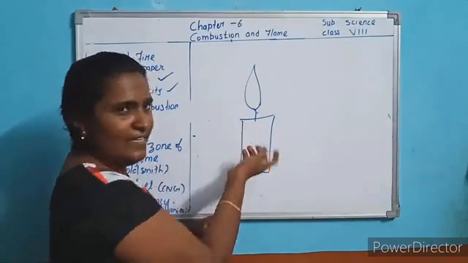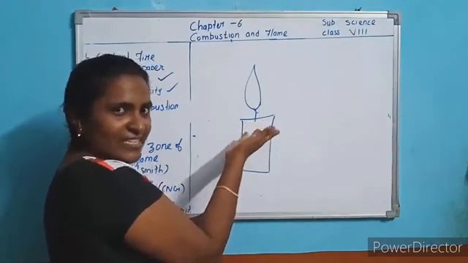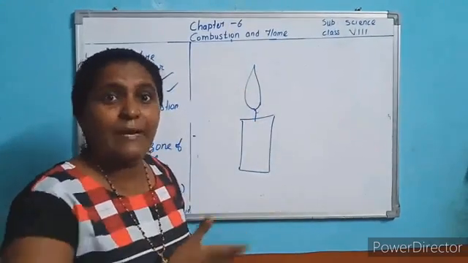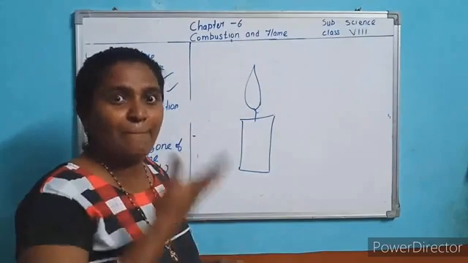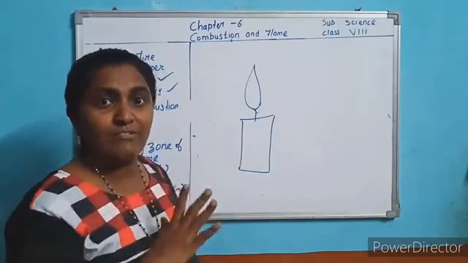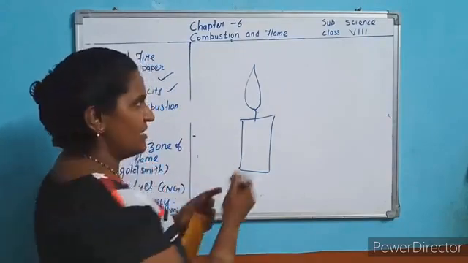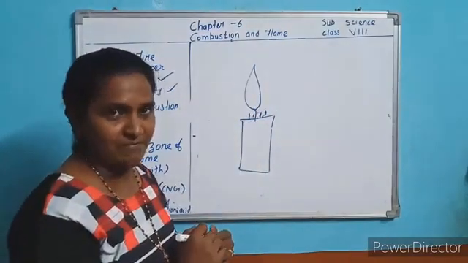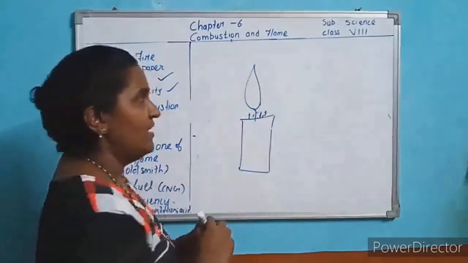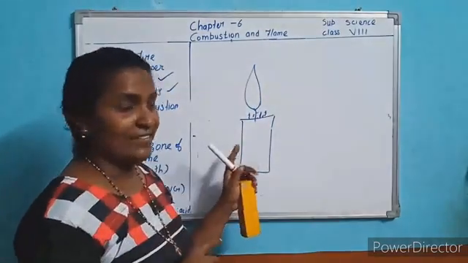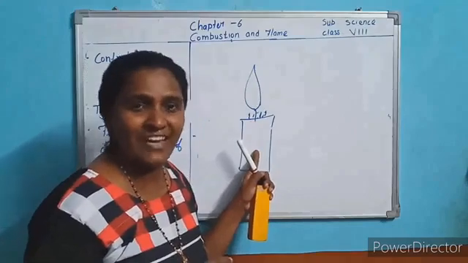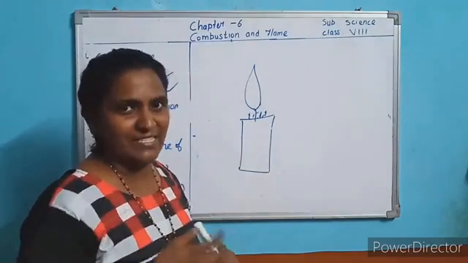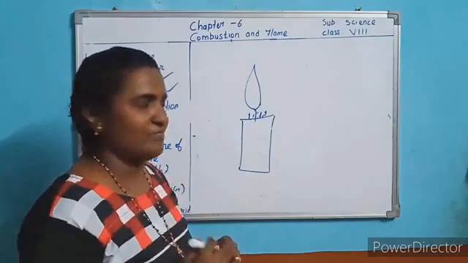On heating, the wax undergoes a volatile process, it evaporates, it produces vapor, so it gives flame. So the question will be asked: why does this candle give flame? Because wax is a volatile substance, it evaporates, so it produces flame.